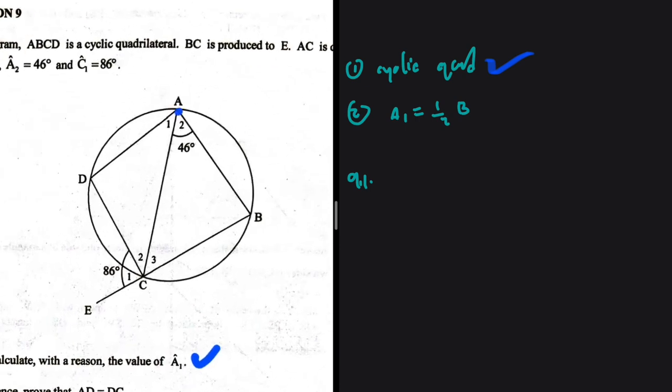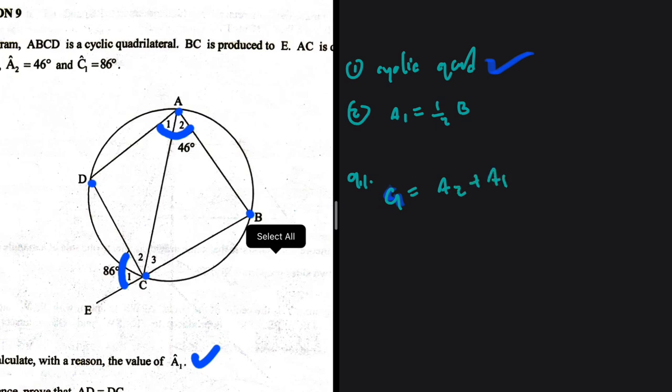So ABCD is a cyclic quad. Immediately, I'm realizing that C1 is an exterior angle of that cyclic quad, and it should be equal to A2 plus A1, right? So C1 should be equal to A2 plus A1.